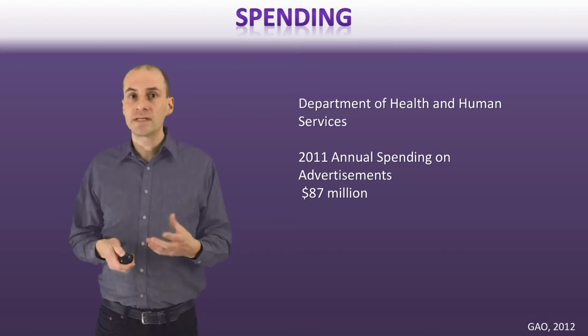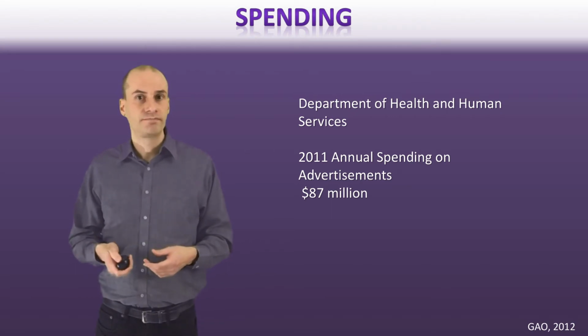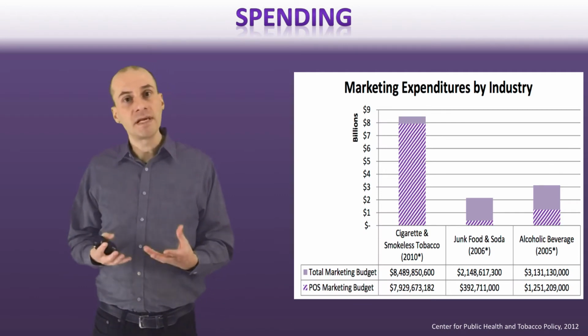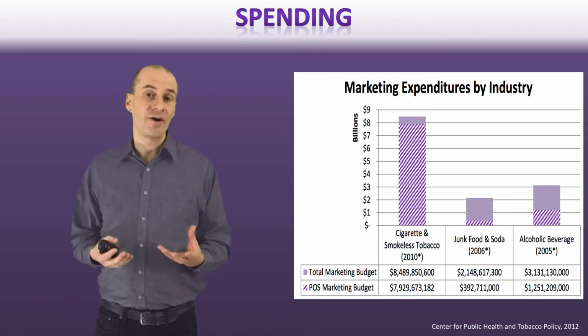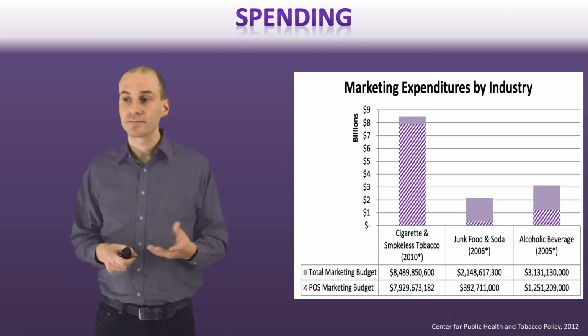Well, let's take a look at some of the alternatives. When you look at the budgets for companies that are trying to promote these products, those budgets are much higher than what public health agencies are able to put forward, right?